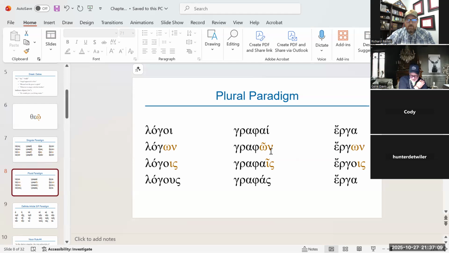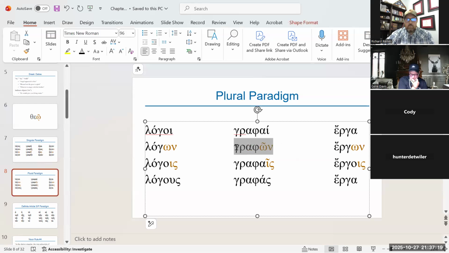I don't know if you can see my cursor. I don't see that little mark over there. Is it highlighted right there? I see that, but I can't remember what that little thing is over it. Don't worry about that.